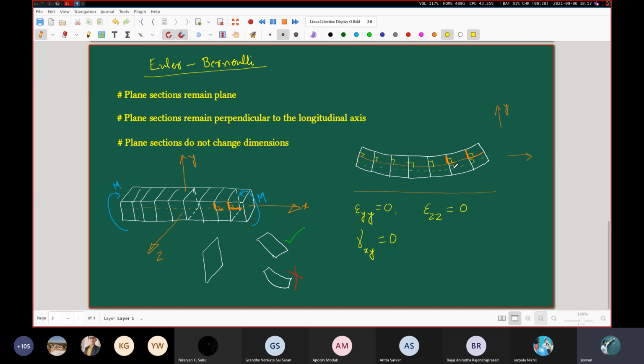Here, these angles are all 90 degrees. And that is true because we have already assumed that these lines remain straight. The plane sections remain plane. So these lines will all look straight even after the deformation. That is why they'll continue to be perpendicular to all such other curves which are concentric with these things.